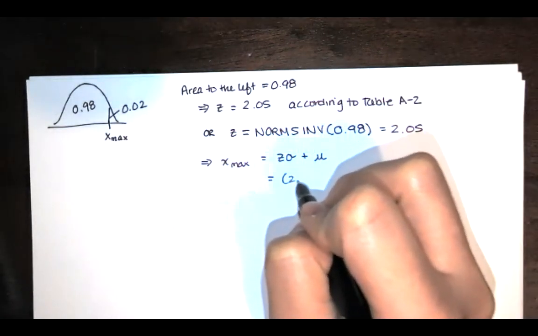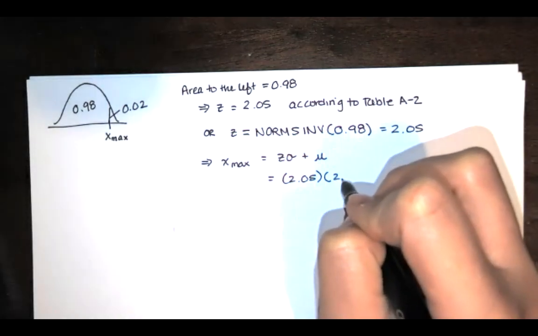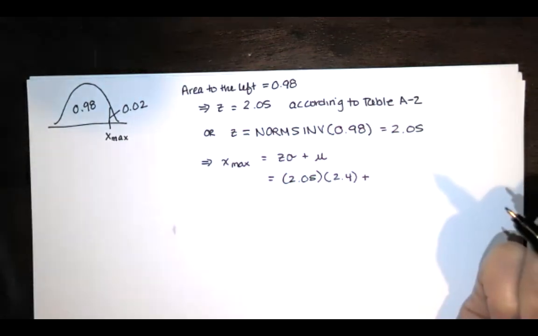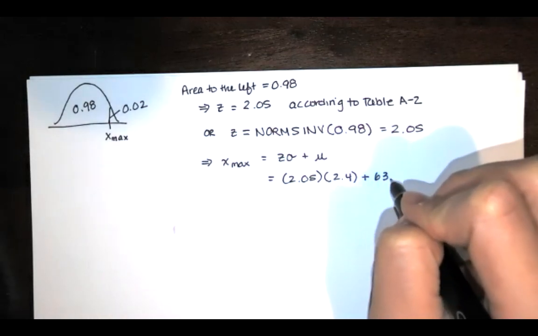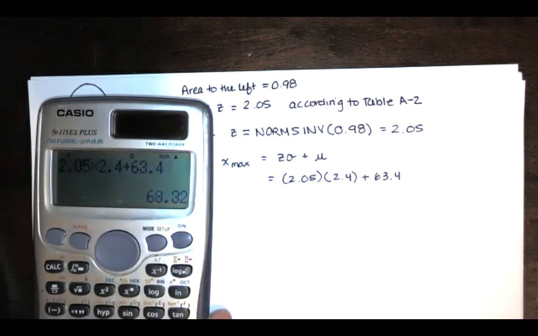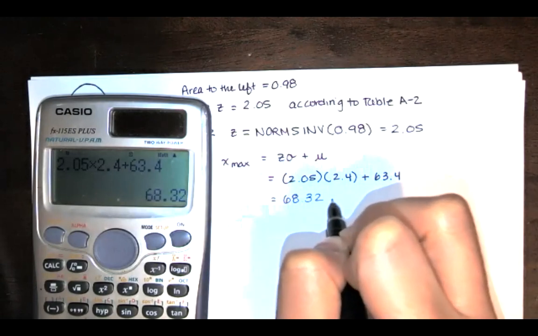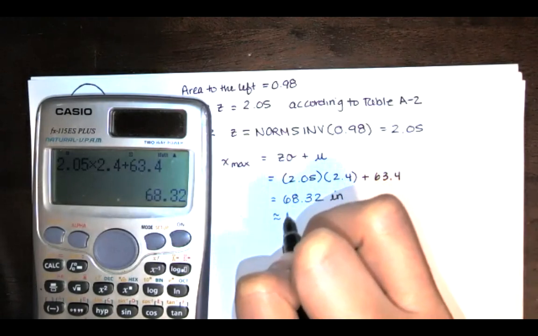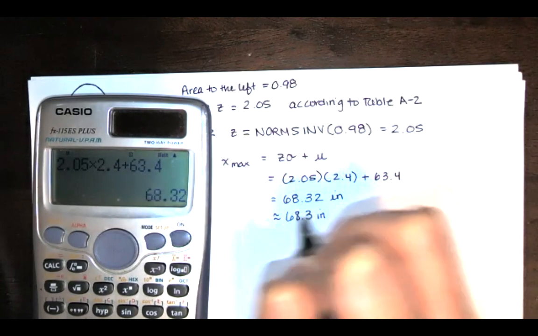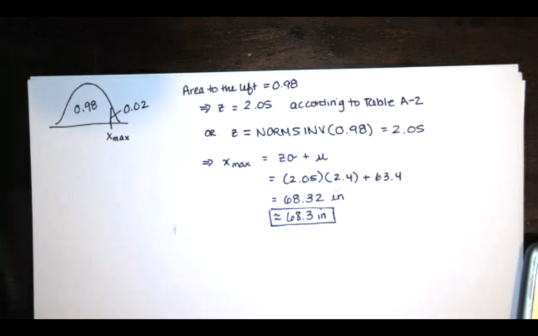So we have 2.05 times the standard deviation, which was given in the problem statement, 2.4 inches, plus the mean, which was 63.4 inches. I get 68.32 inches. And they want us to round to 1 decimal place, so I'll round to 68.3 inches.